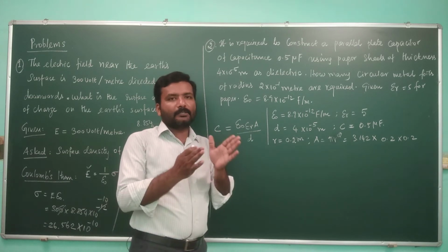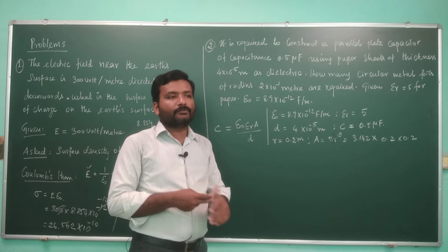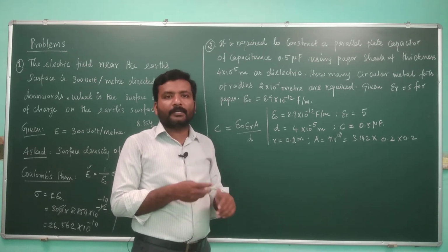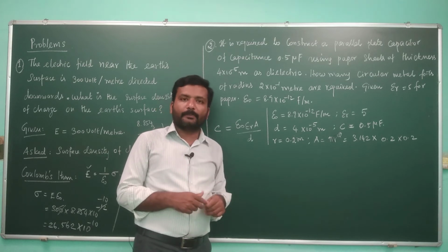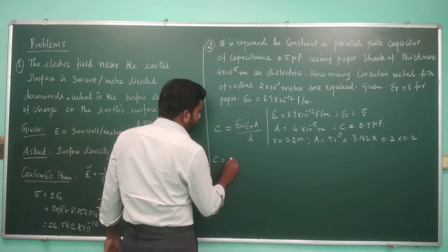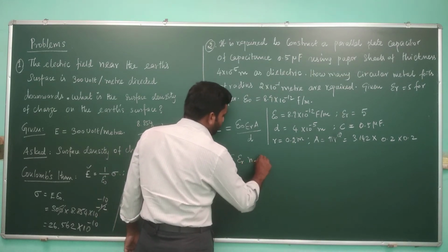Assume that if 2 foils are used, then one capacitor is created. So if n foils are used, then n minus 1 capacitors are created. In that way, we can rewrite this equation as epsilon naught epsilon r times n minus 1 foil.